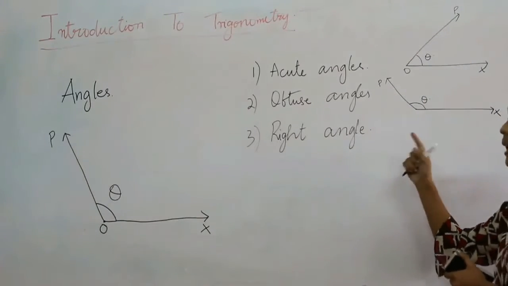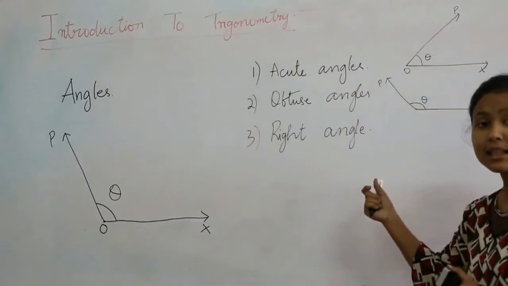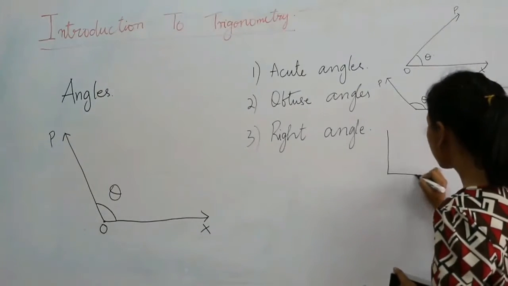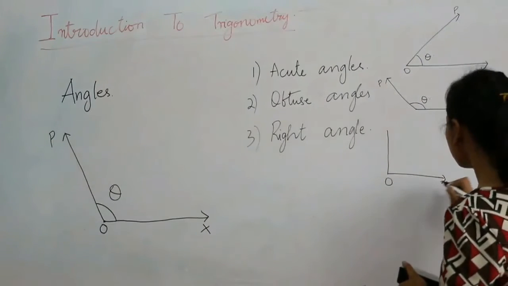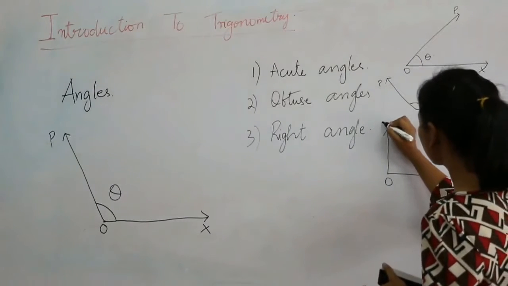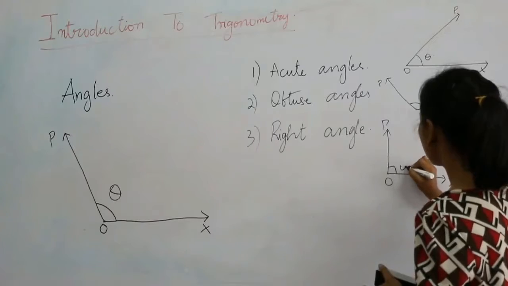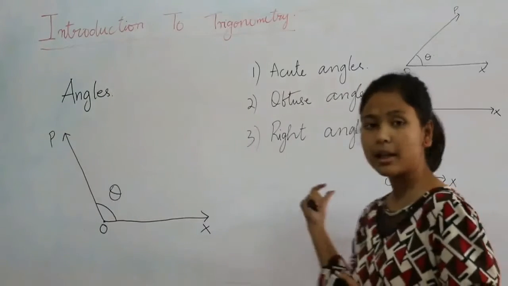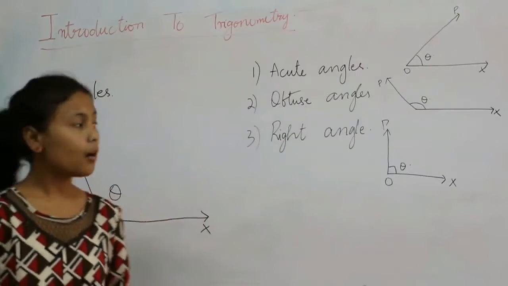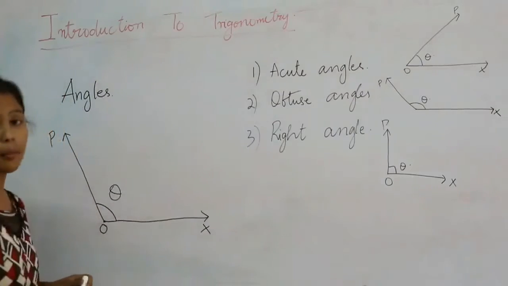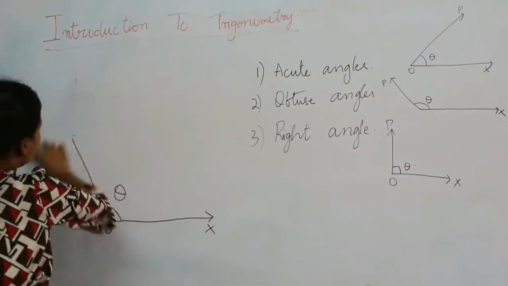Right angle is an angle of exactly 90 degrees. Let's draw. This is a right angle. Now let's go to another topic. The next topic is trigonometric ratios.